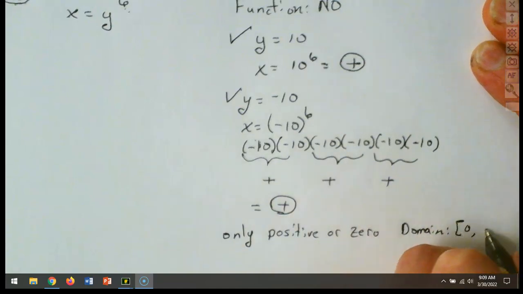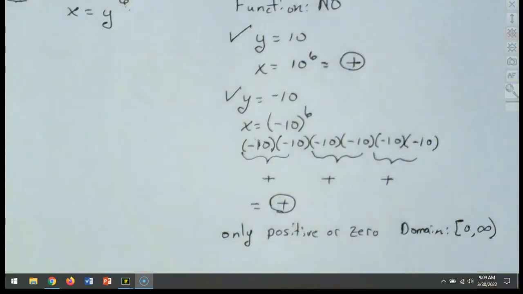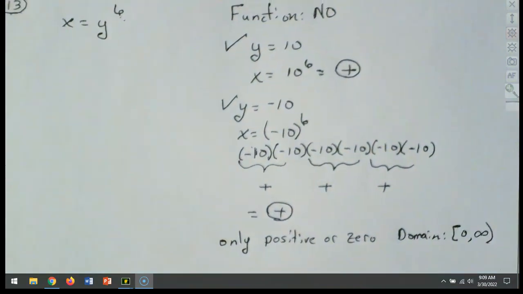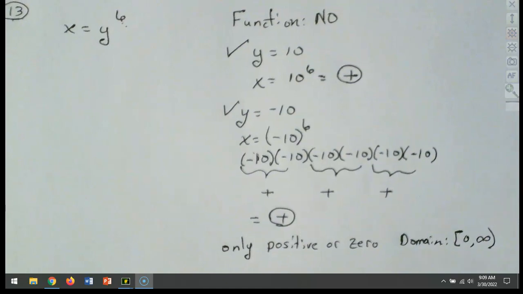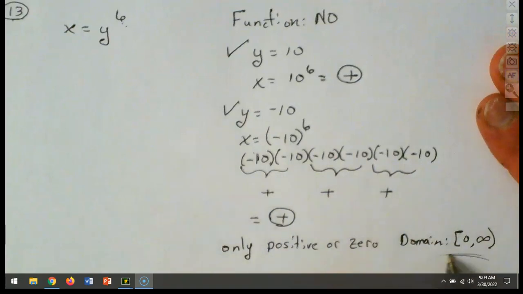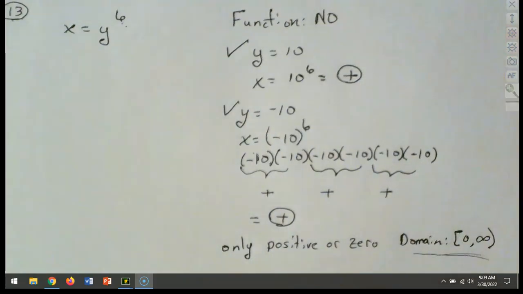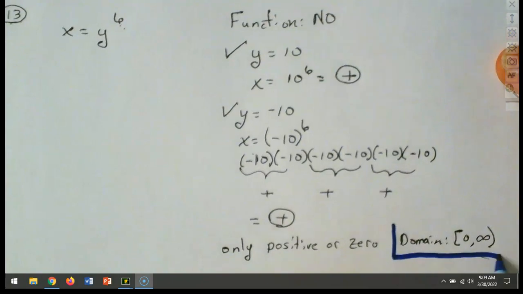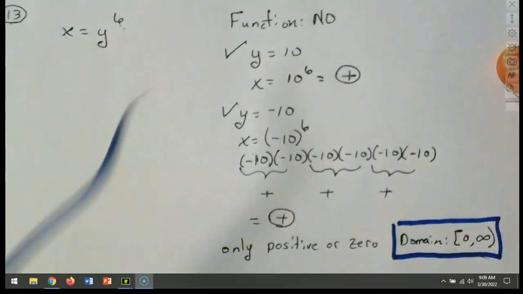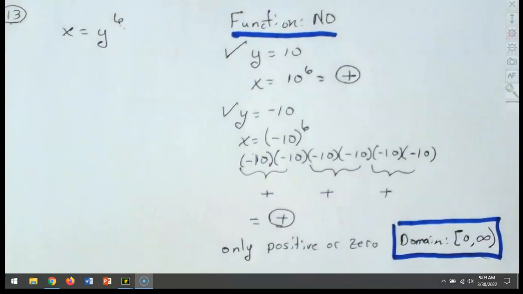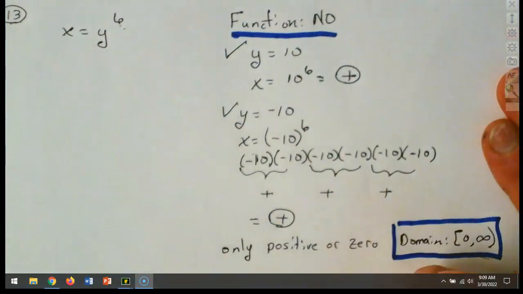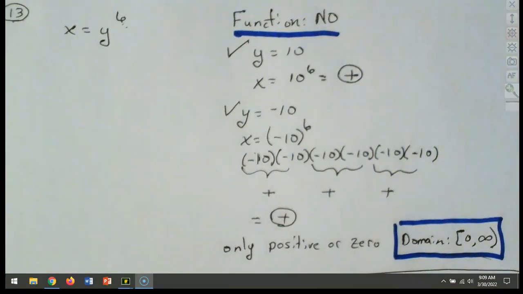So it's 0 to positive infinity, because you get out only positive values, or 0, because 0 to the 6th power stays 0. So that's your domain. I'll go ahead and mark it just so we don't lose it in the work here. And this is clearly not a function. When they're not a function, you have to check your values.